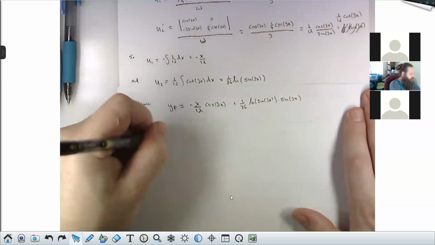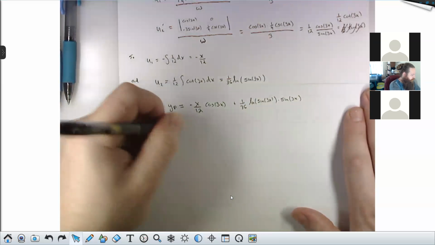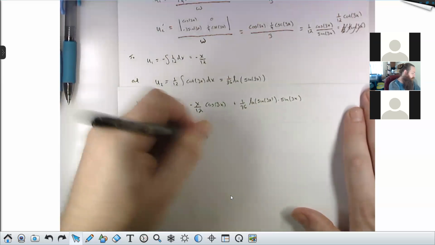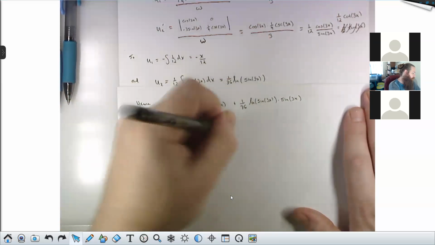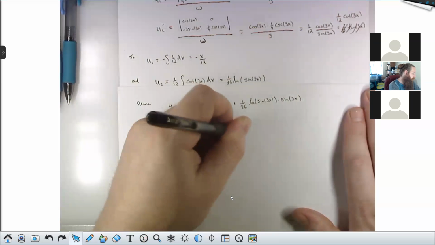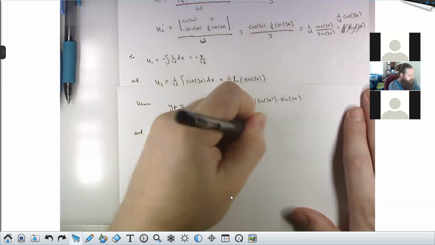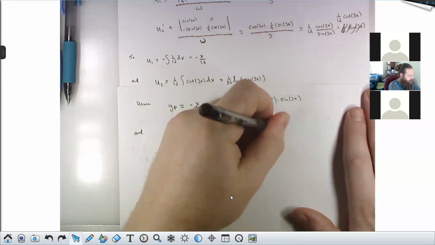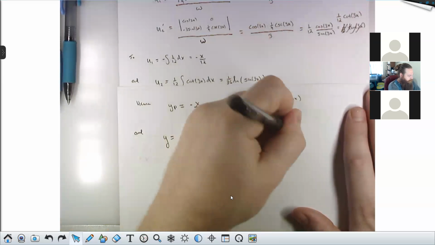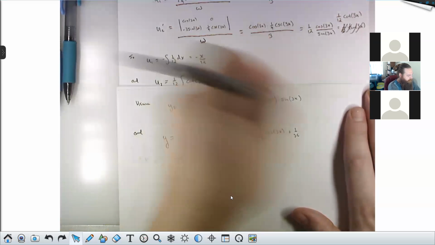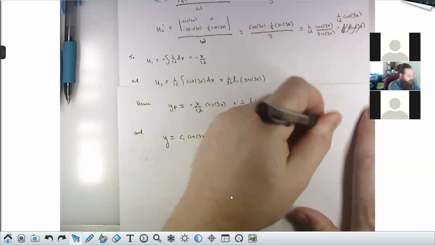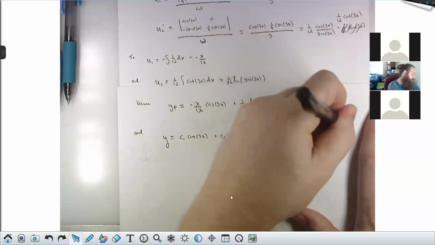And the full solution is y equals c1 cos 3x plus c2 sine 3x minus x over 12 cos 3x plus 1/36 natural log sine 3x times sine 3x.